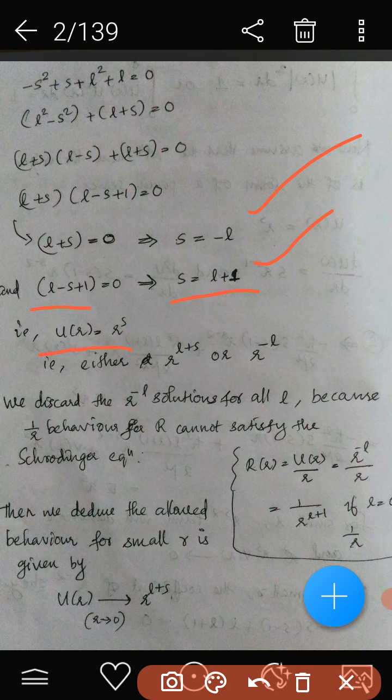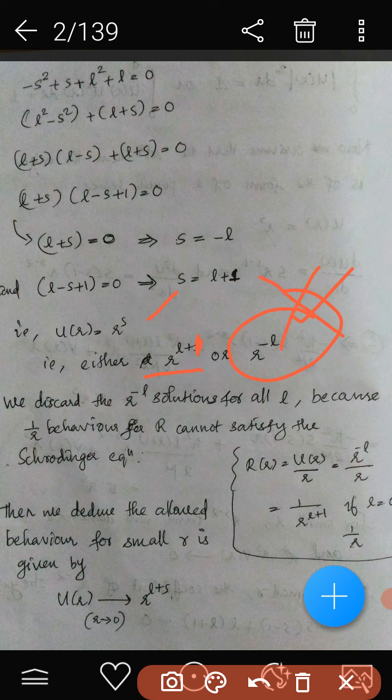Then our solution is of the form u(r) is equal to r to the power s. So we can substitute for s: r to the power L plus 1, or r to the power minus L. Here we discard the r to the power minus L solution for all L, because a 1 by r behavior of R cannot satisfy the Schrodinger equation.